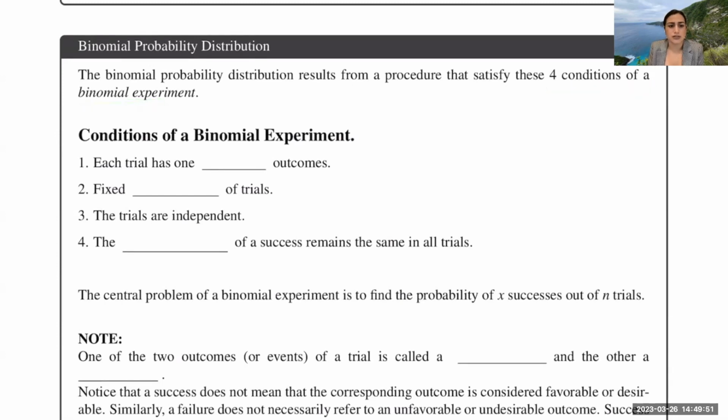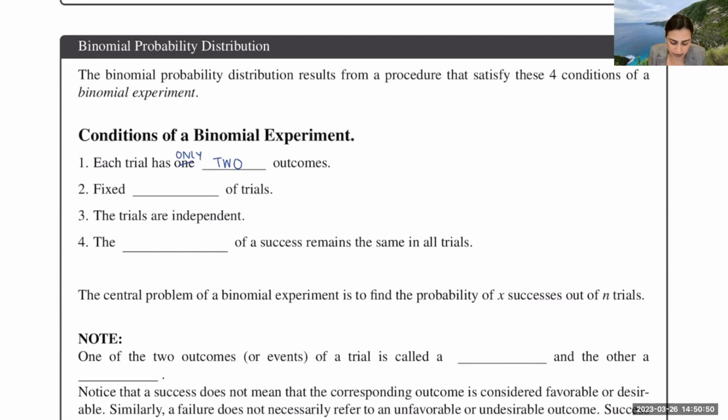What are these conditions? Like I mentioned, each trial has only two outcomes, like heads and tails, acceptable or defective, germinating, not germinating. That was definitely a typo, and I apologize. So each trial has only two outcomes.